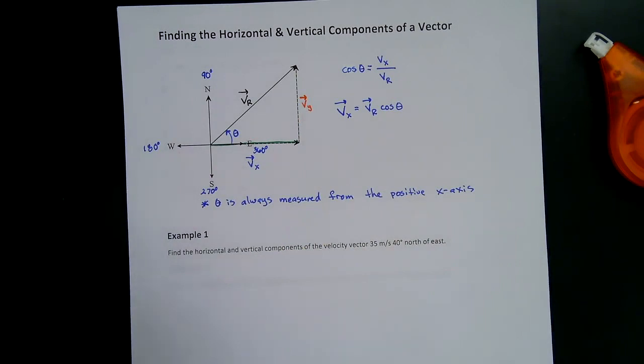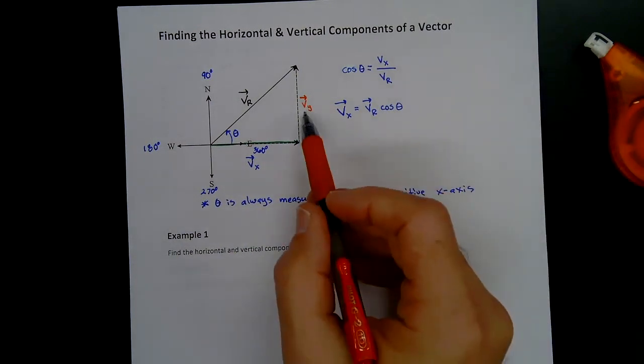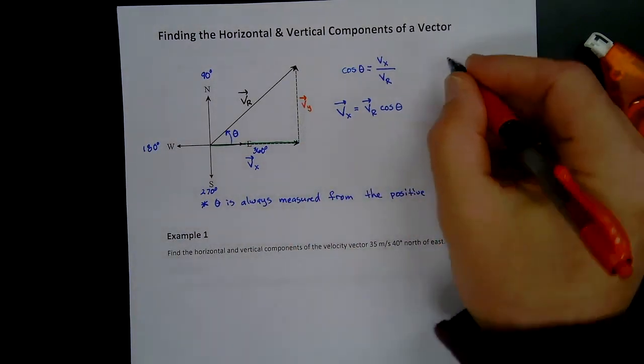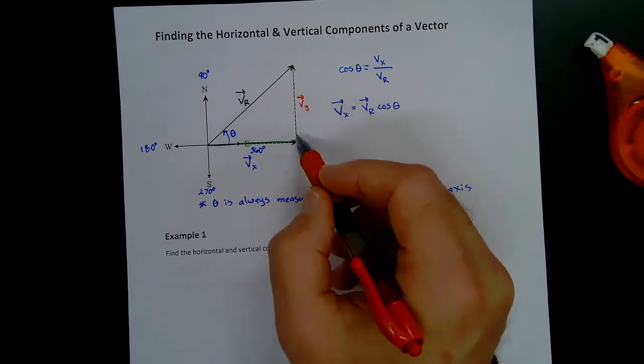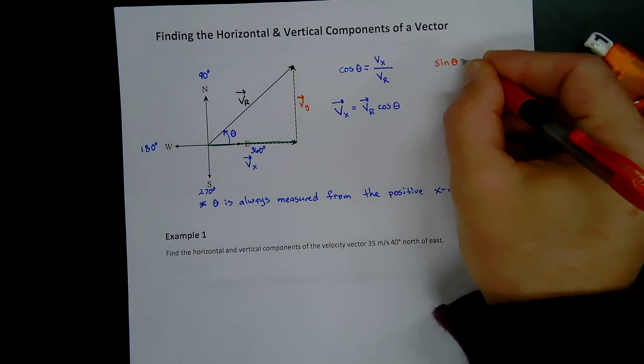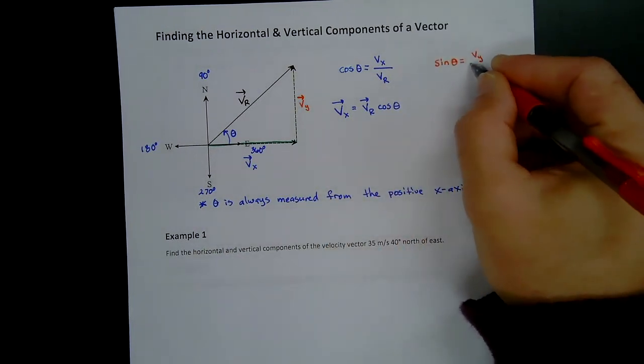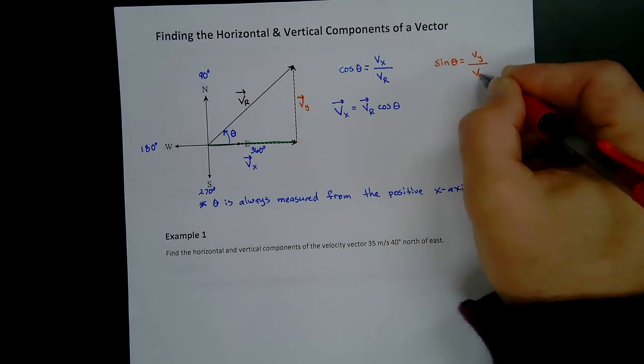So we're going to take our magnitude of our vector and multiply it by cosine of that angle. All right. And hopefully this is easy, but I know some of you aren't in honors math 3. Okay. So I really want to help those of you who are struggling and don't quite understand this. Okay. So then this vertical component, okay, is, because this is the opposite leg and the hypotenuse, we would have sine of angle theta is equal to the opposite leg, which in this case is v sub y, over v sub r.